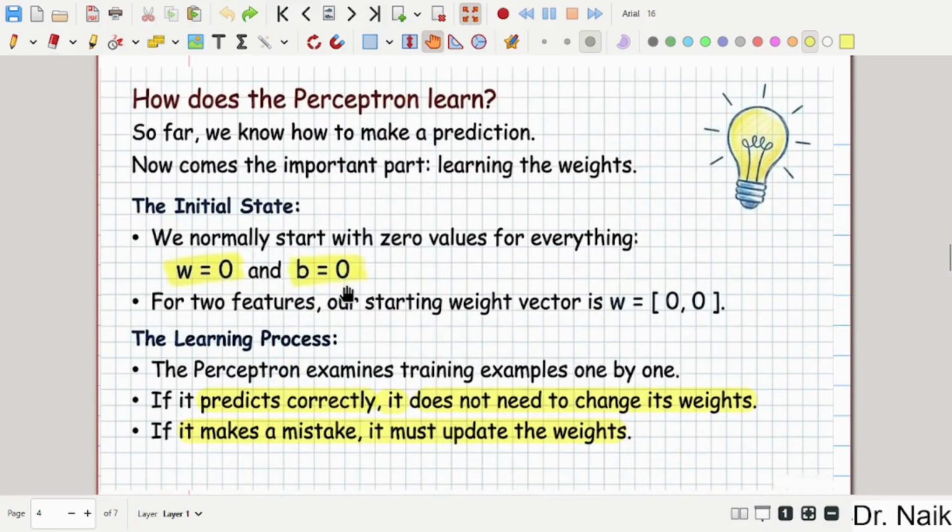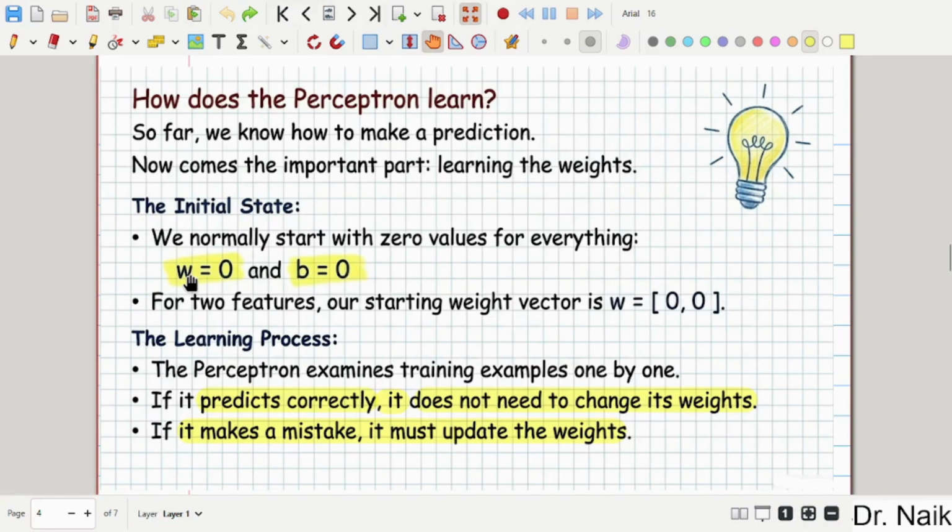Now understand how the perceptron learns. So far we know how to make a prediction. Now comes the important part, learning the weights. We normally start with 0 value for everything. That means we start with w equal to 0 and bias b equal to 0.